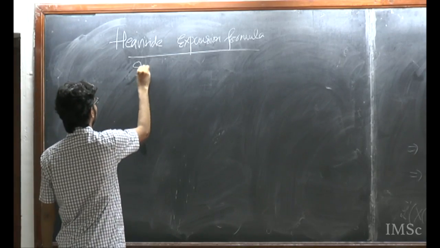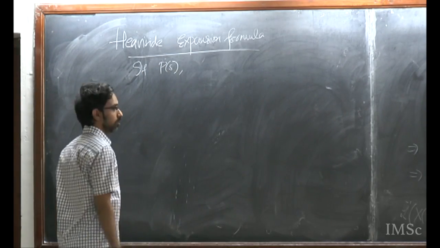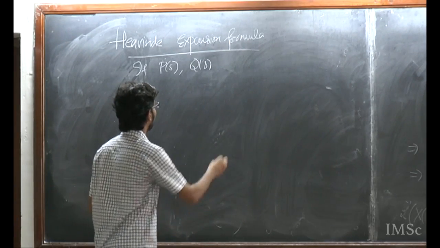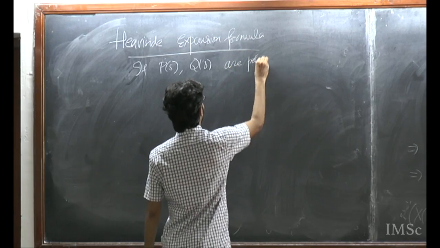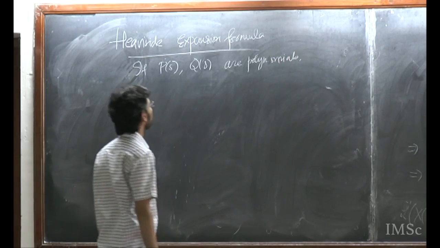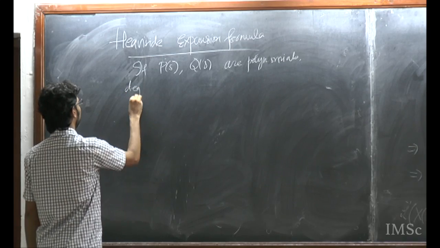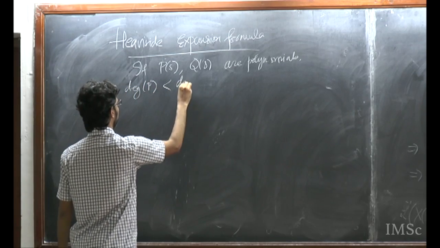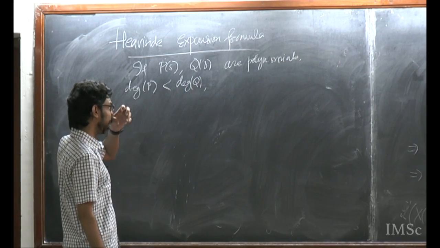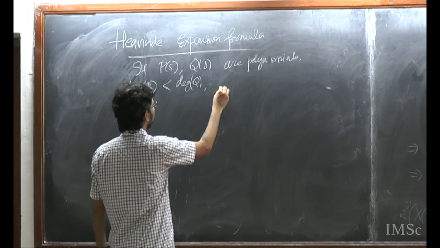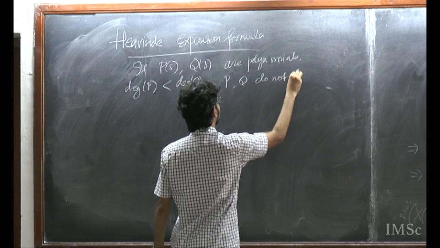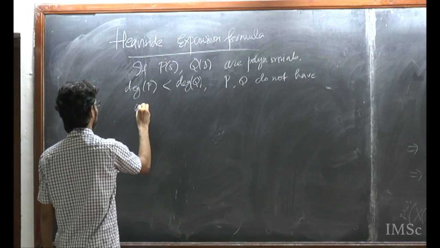This says that if P(s) and Q(s) are polynomials, and the degree of P is less than the degree of Q as polynomials, and P and Q do not have any common root.